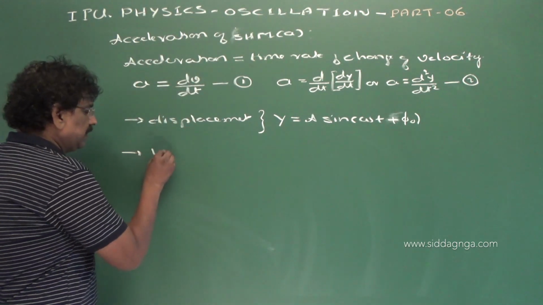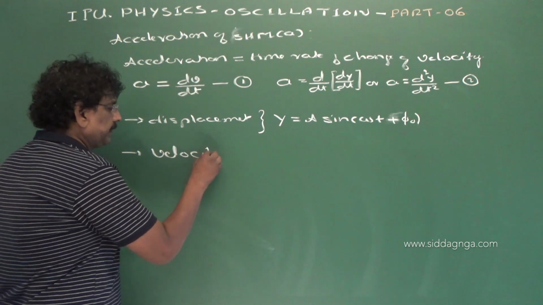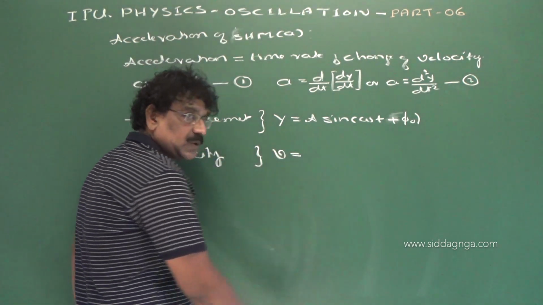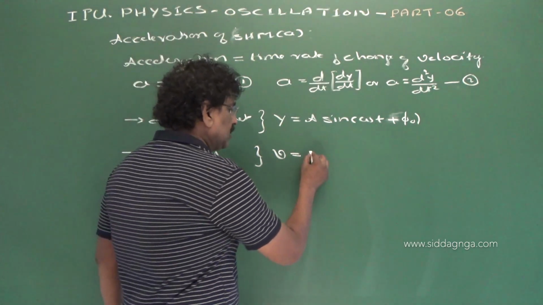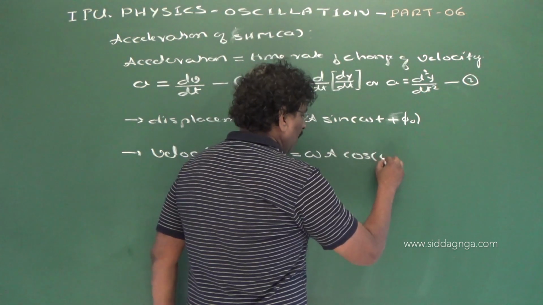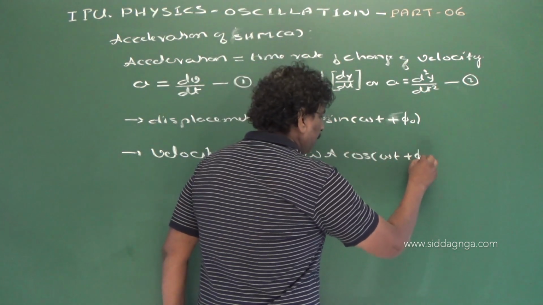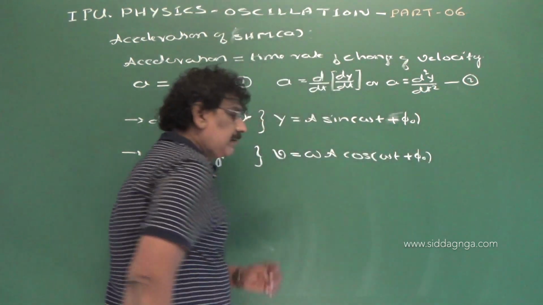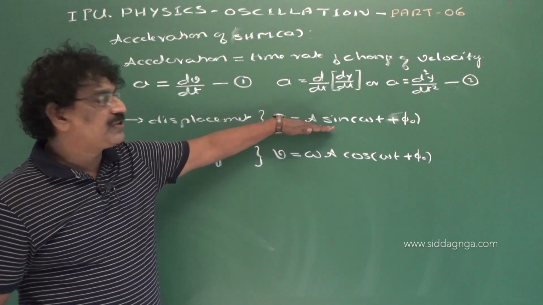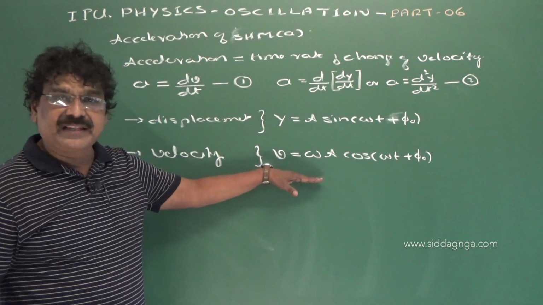Now velocity at any instant of time, v is equal to, so we have derived that one, omega a cos(omega t plus phi naught). It is the expression for velocity. When we differentiate this y, we get this velocity.